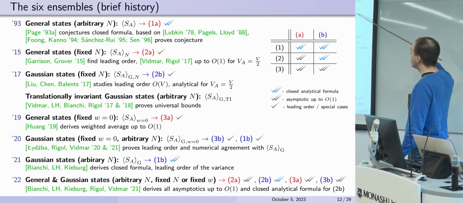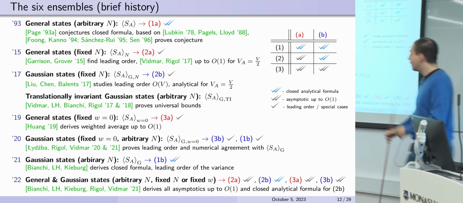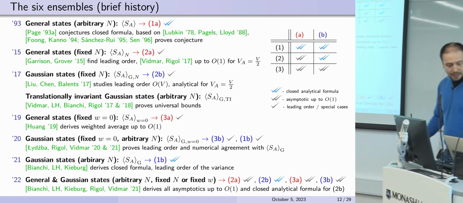And in all other cases, we could develop a systematic scheme to get this asymptotic expansion order by order, and in particular, we could compute it up to constant order. All higher orders will vanish for large V. Okay, so that's the first progress that I'm showing here in terms of our work.